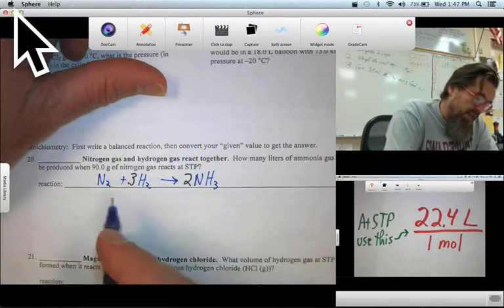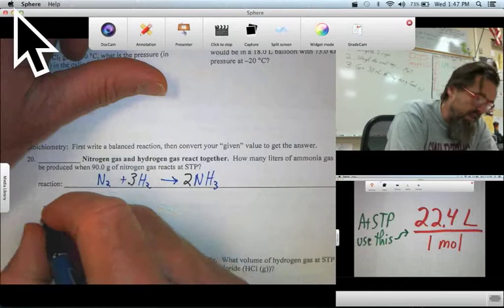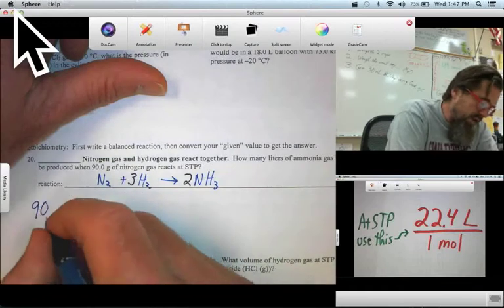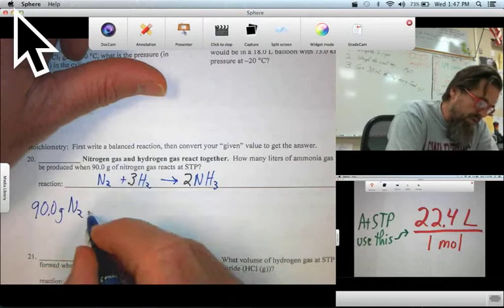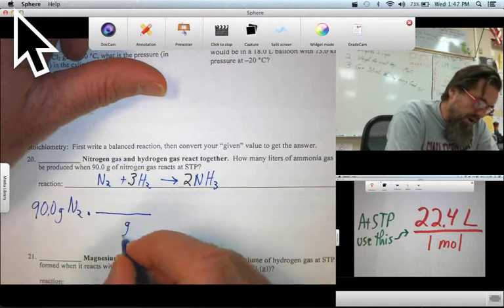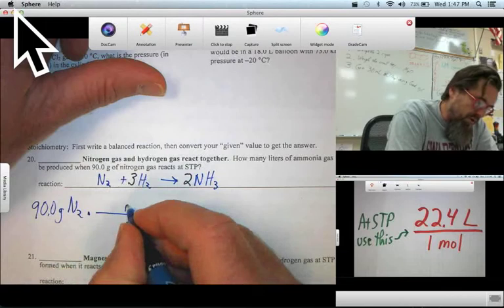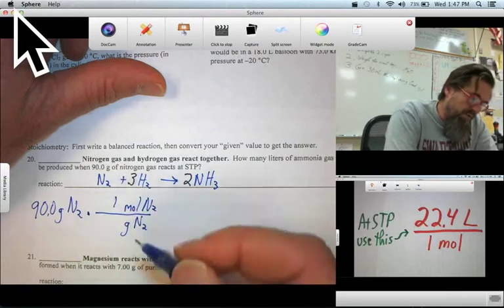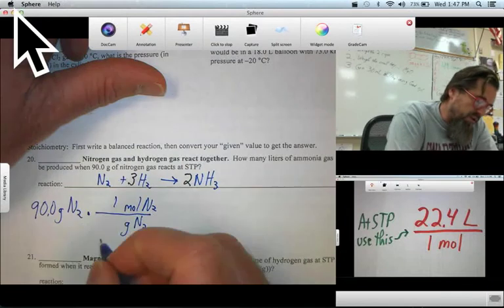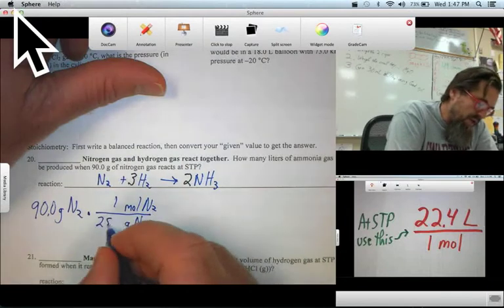Let's start with our given. Our given is 90 grams of N2, and we're going to get out of grams of N2 into moles of N2. And 1 mole of N2 has 2 nitrogens, 2 times 14, 28 grams per mole.